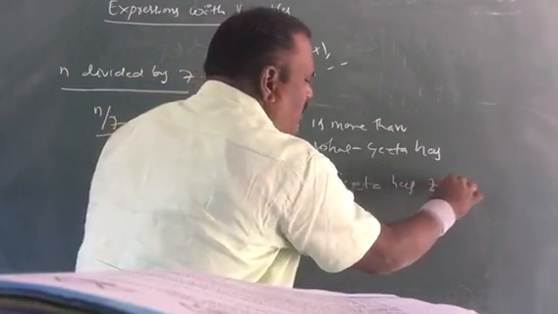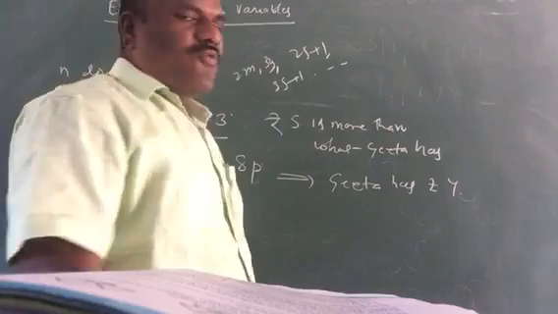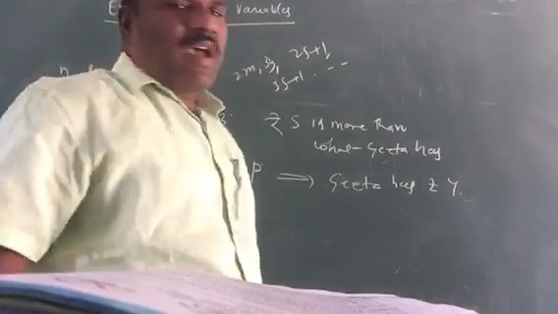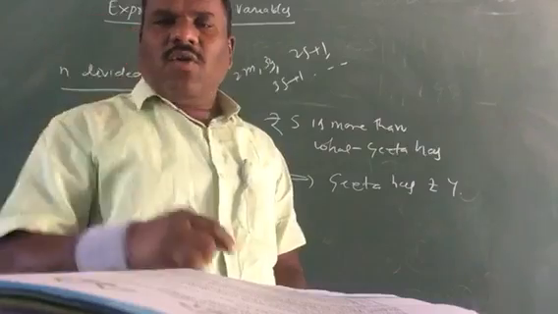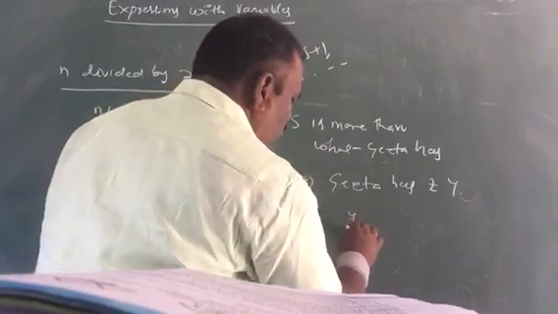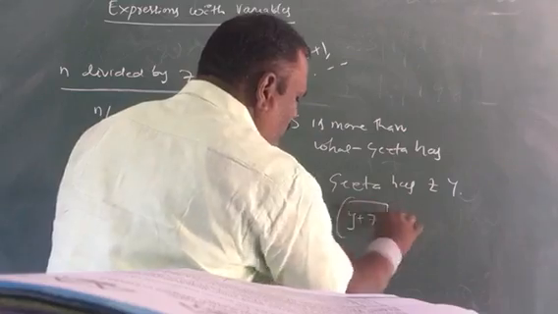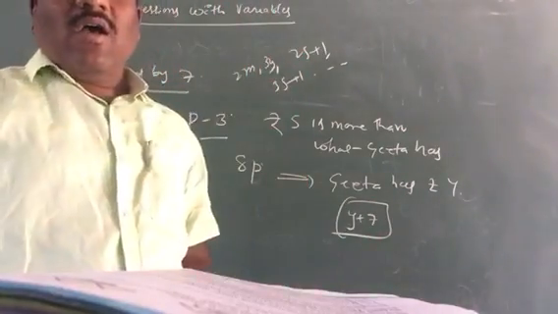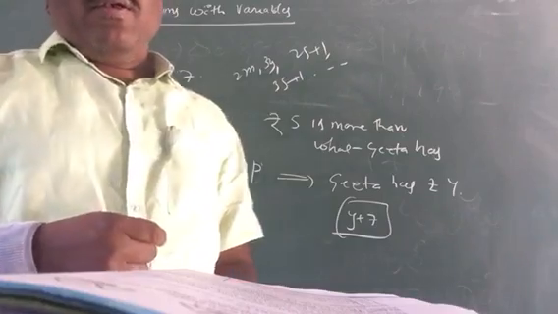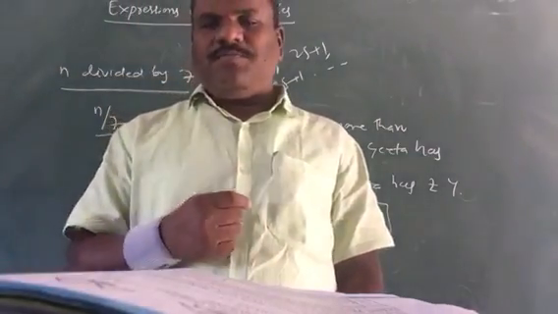Geeta has, we don't know, so let it be rupees y. Therefore, the algebraic expression is y plus 5. Like that, we can write a statement using an expression.